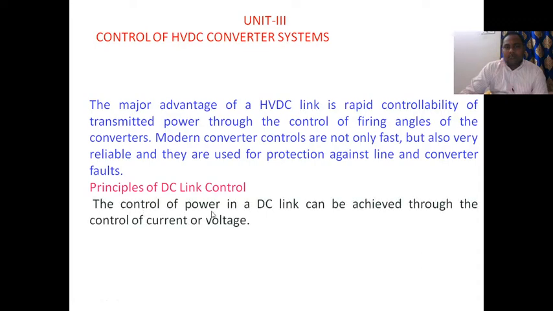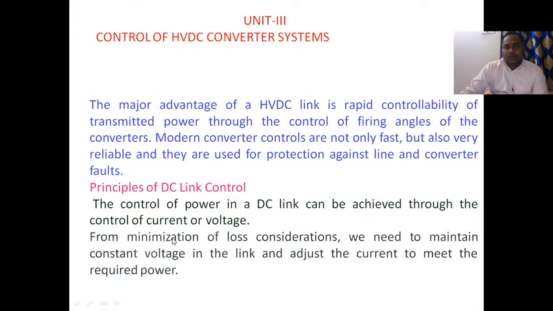So what are the basic principles of DC link control? The control of power in a DC link can be achieved through the control of current or voltage. From minimization of loss considerations, we need to maintain constant voltage in the link and adjust the current to meet the required power.